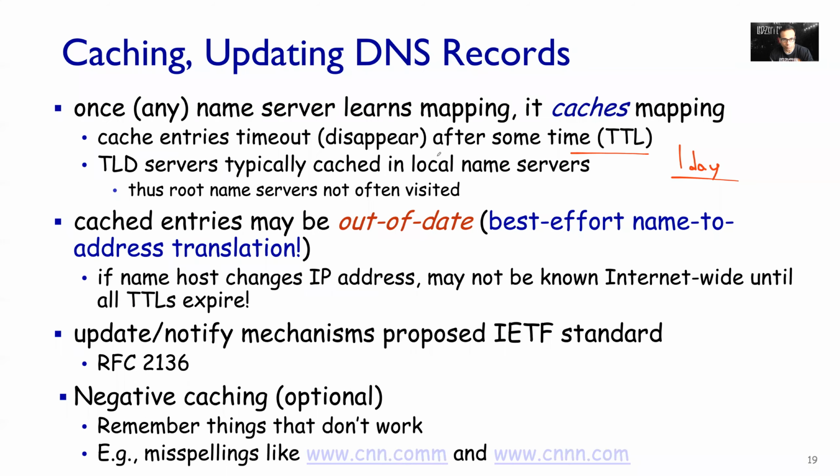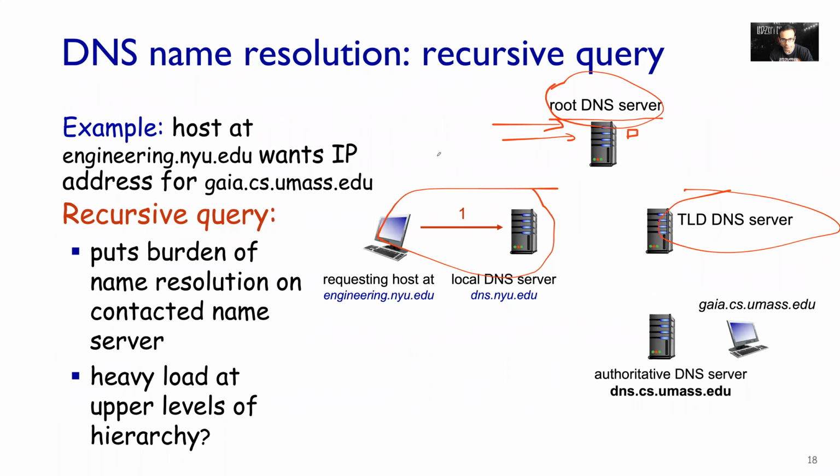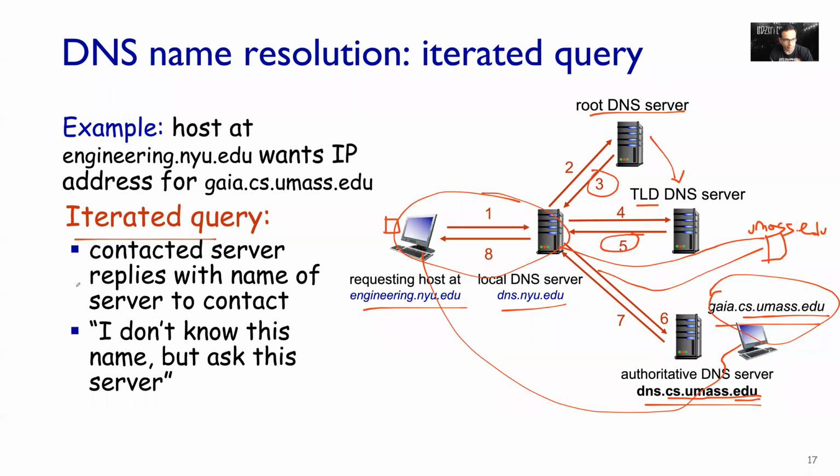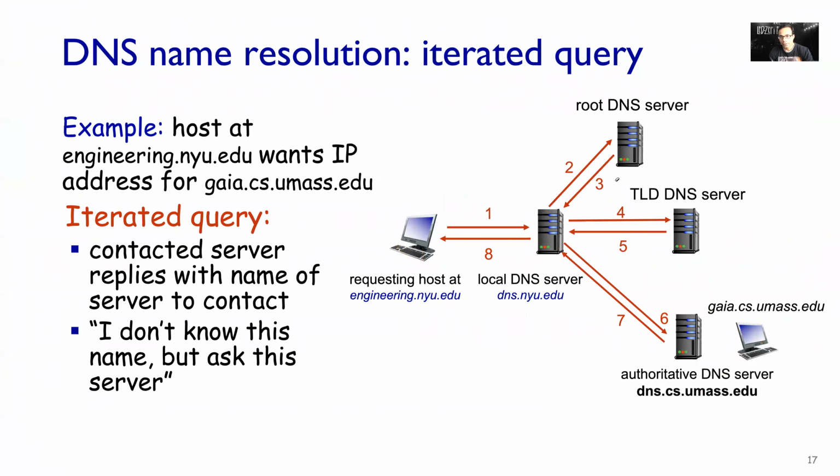If you go back to one of these examples, let's look at the iterative queries again. Remember we said the local DNS server queries the root DNS server, and the root DNS server responds back with information about the TLD name server.